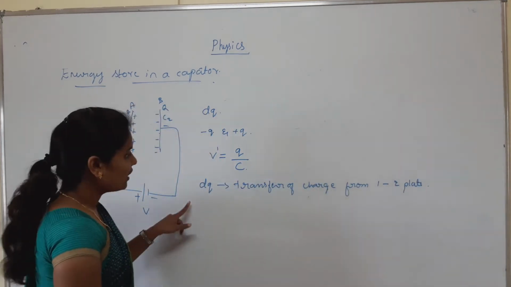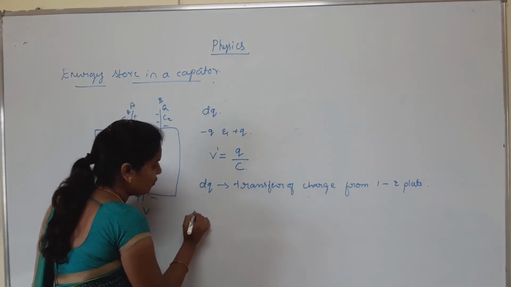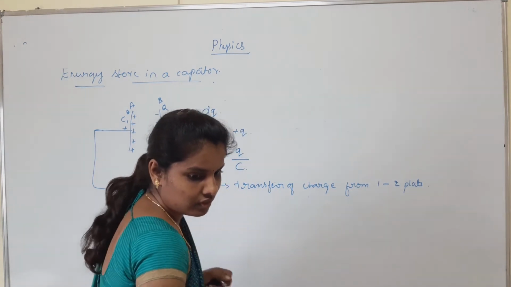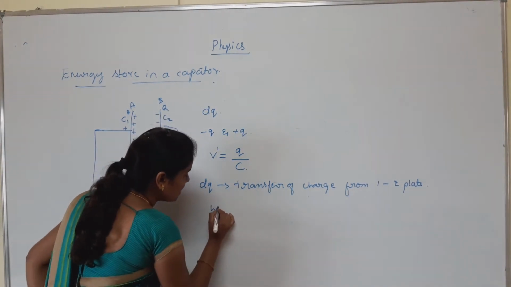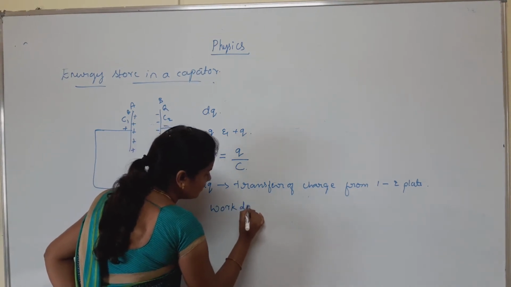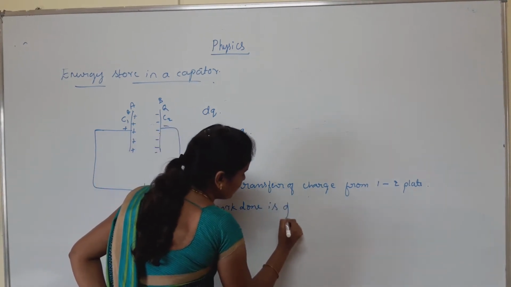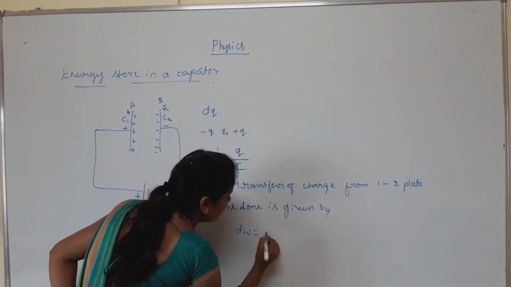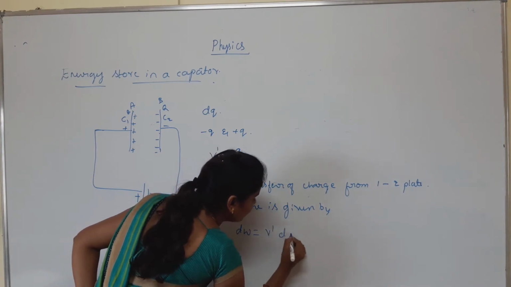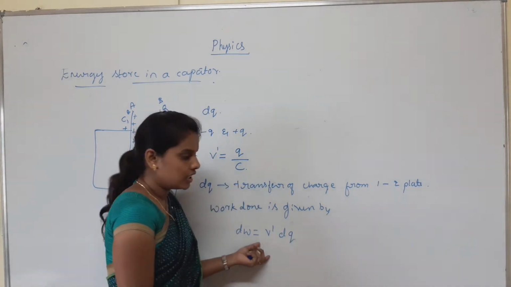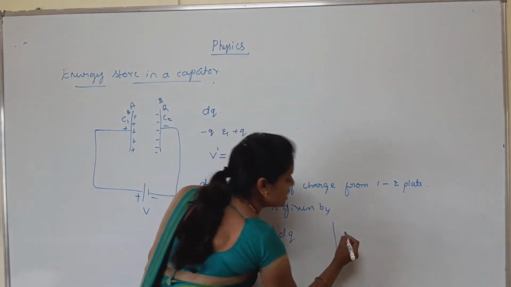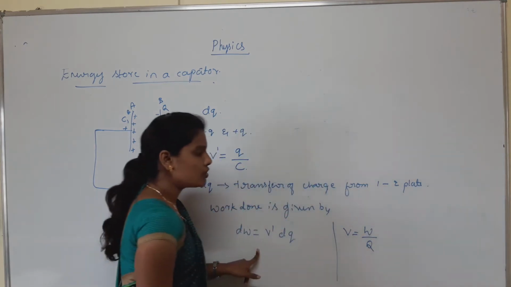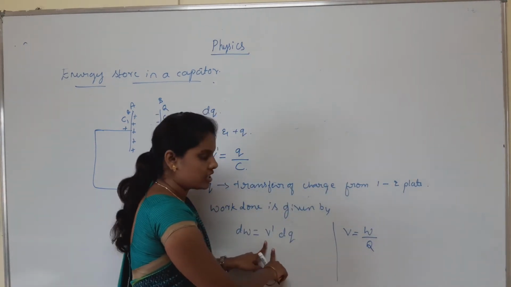Therefore, the work done is given by dW equals V dash dQ. We know that potential difference can be defined as work done per unit charge Q. So here we need V dash.